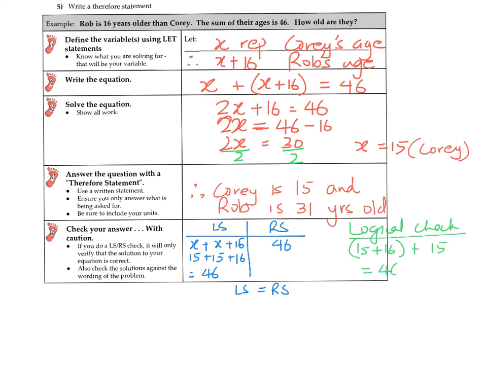So they all add up to 46. So this is called a logical check. So this also works, and your left side, right side also works, and therefore our answer is correct. So please make sure that you are using this five-step process when you are doing all these word problems, or else you will not be getting any marks.